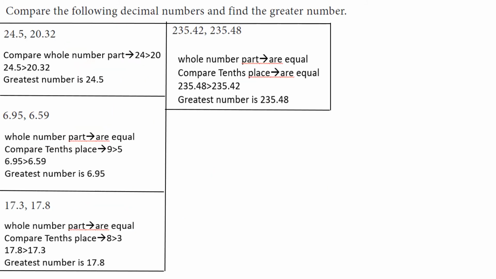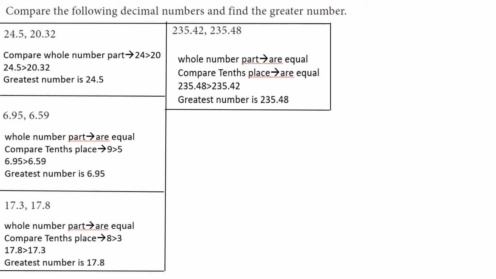Compare the following decimal numbers and find the greater number. First 24.5, 20.32. We have to compare both numbers and find the greatest number. That is the question. So first compare the whole number part, 24 and 20. 24 is greater. Therefore 24.5 greater than 20.32.